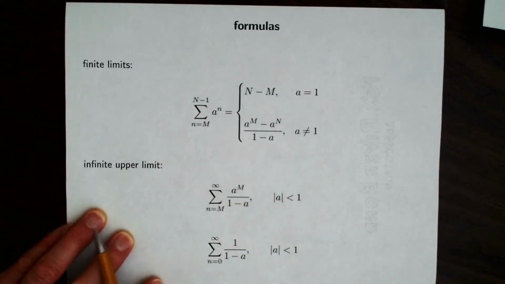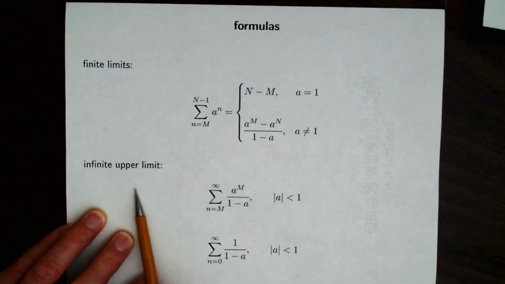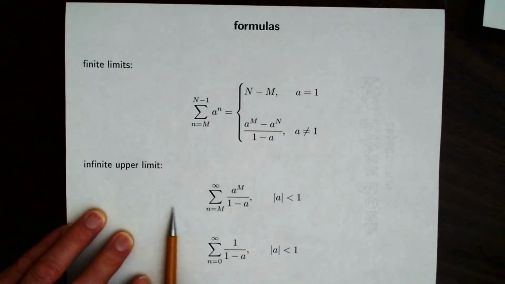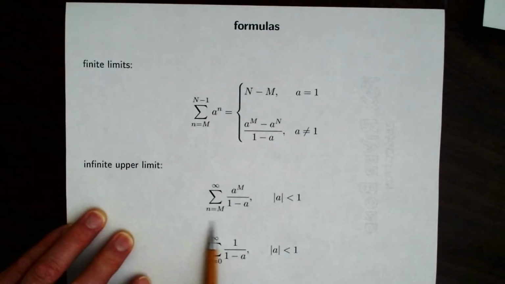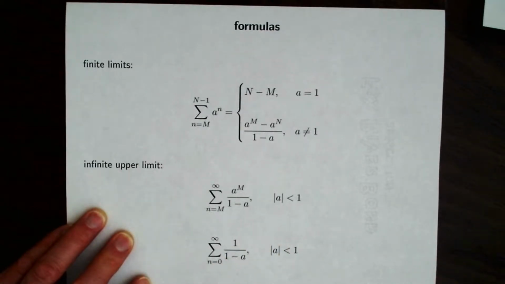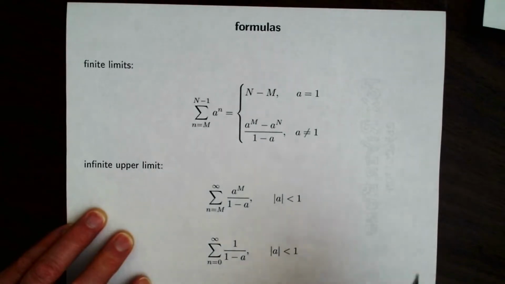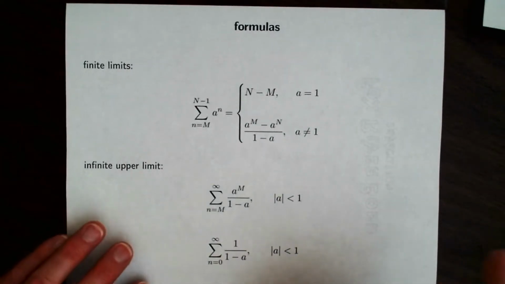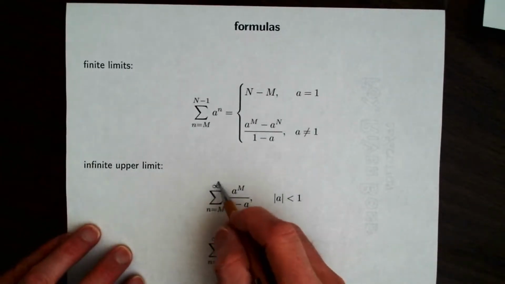The other case is when one of the limits, usually the upper limit, becomes infinite. And in that case, we have this additional requirement that the magnitude of a, remember a can be a complex number, has to be less than 1. I can see that I need to rewrite this slide.